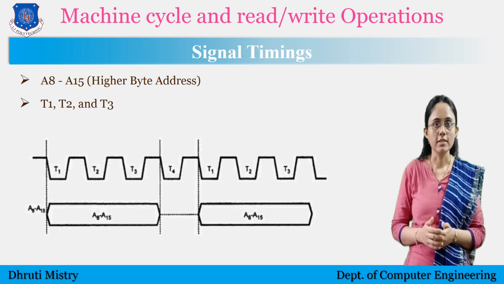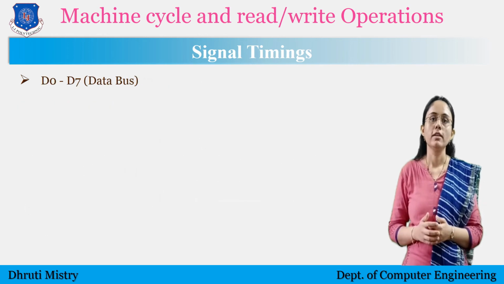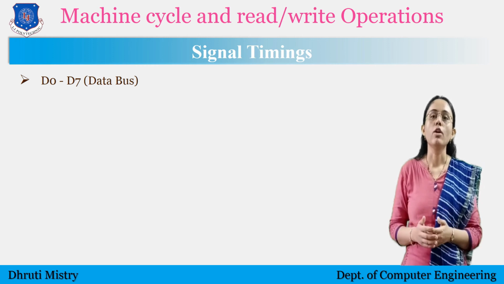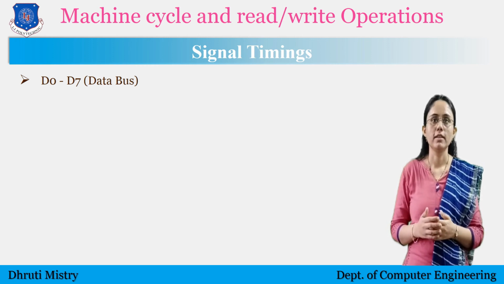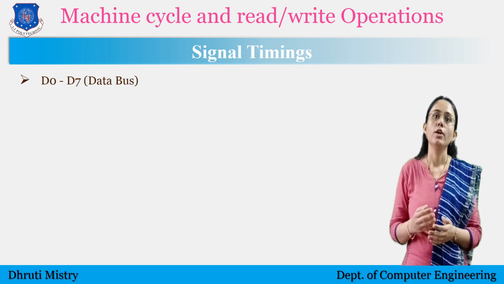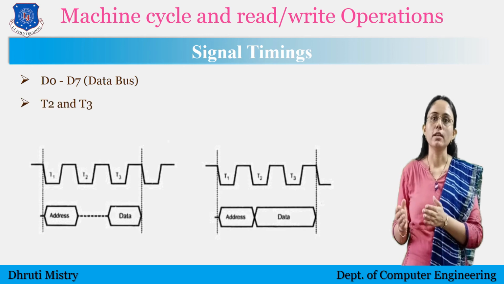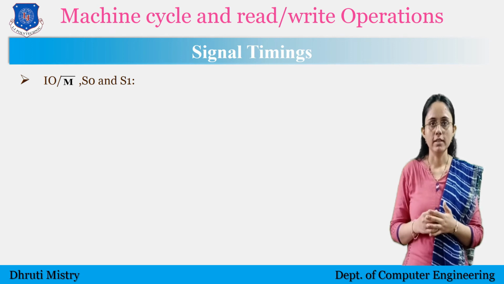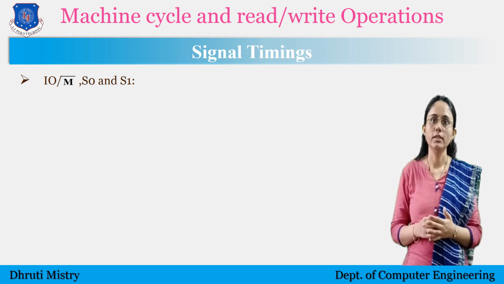Next, D0 to D7, it is a data bus. The data from memory or input output device, and from the microprocessor to memory or input output device, is transferred during T2 and T3 states. Next, input output memory bar, S0 and S1.